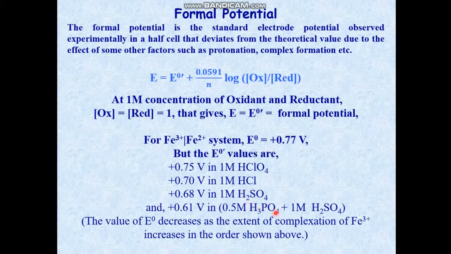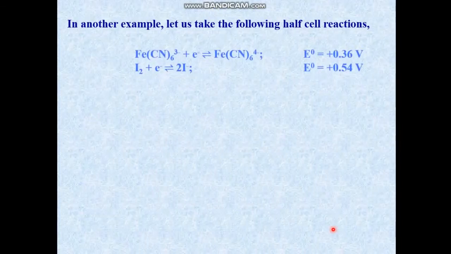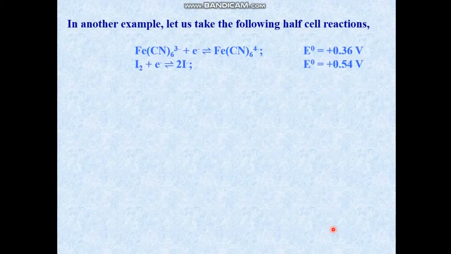Now this is one example where the formal potential is less than the theoretical value, the standard electrode potential. Now we have another example where the formal potential would increase. In this example we are taking two half cell reactions.